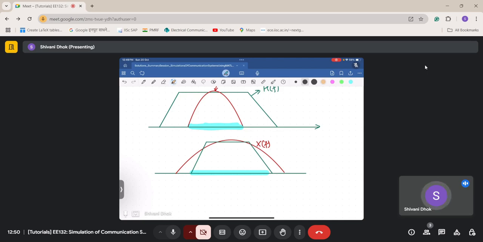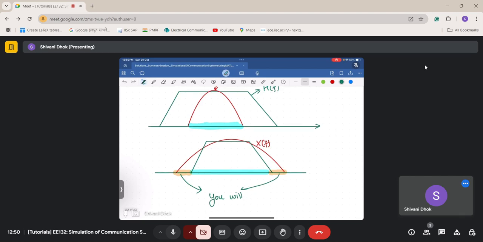So whatever signal was located here, in these frequency bands, will be lost. So you will lose information in these frequency bands.